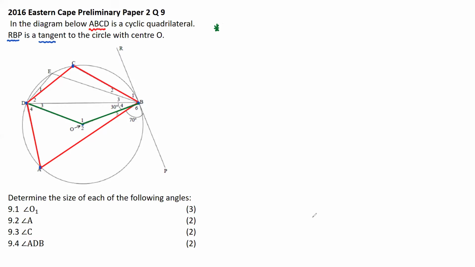Determine the size of the following angles. They want O1. So they want this angle, O1. We don't know it. We notice that B4 is 30. So B4 is 30. That's what we notice, and we are given that. My reason is that it is given.